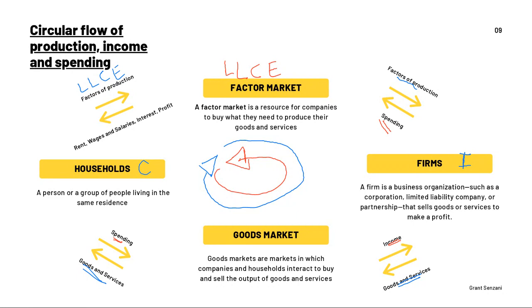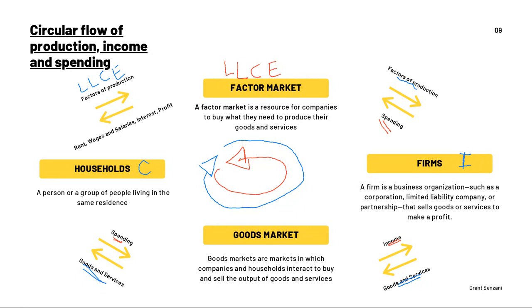Can you hear me? Yes, I can. So basically, the households contribute the factors of production to the firms, so the firms get the ability to produce the goods or services from the factor market. 100%.